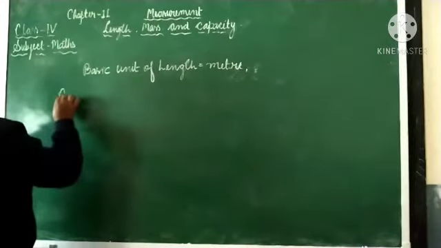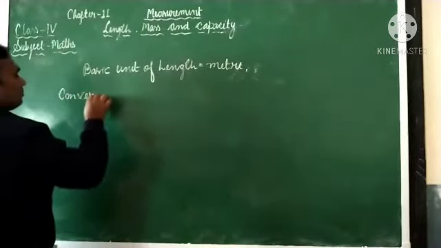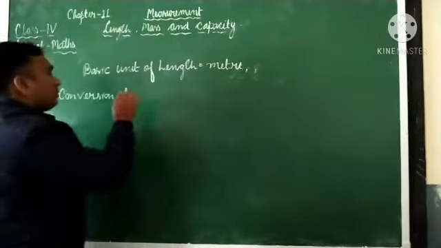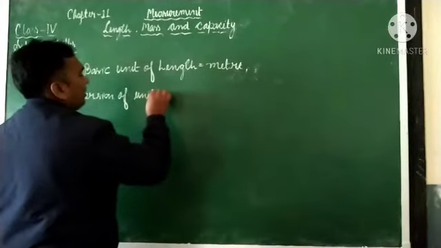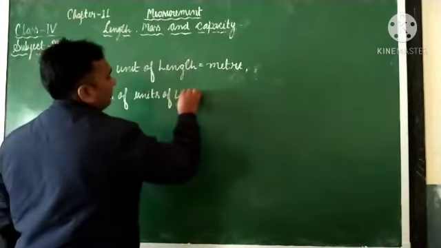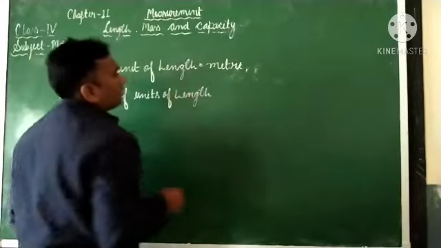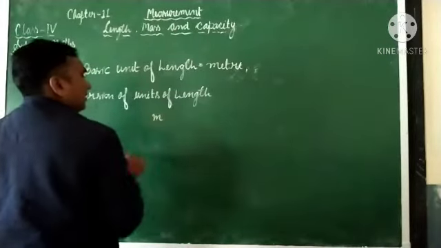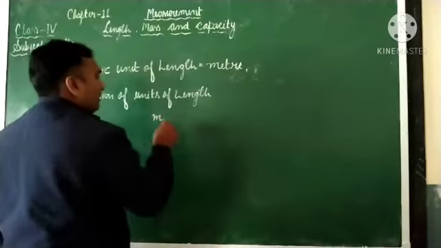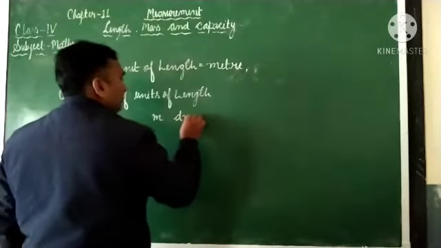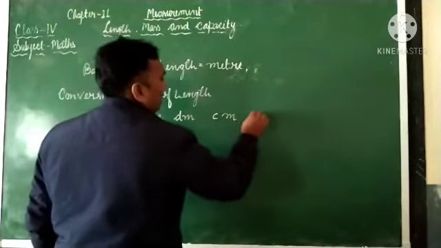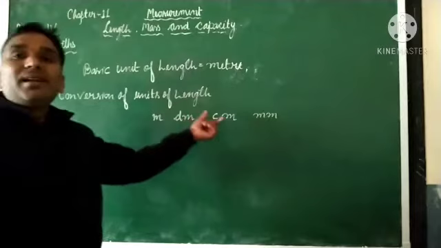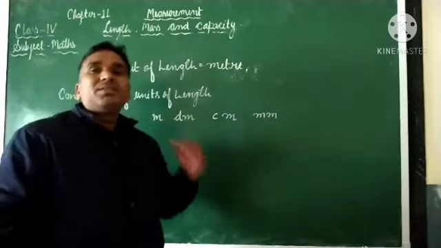Conversion of units of length. Here are some units of length. Your basic unit is meter. Some units are smaller than meter. They are dm, cm and mm. dm is decimeter, cm is centimeter, mm is millimeter.